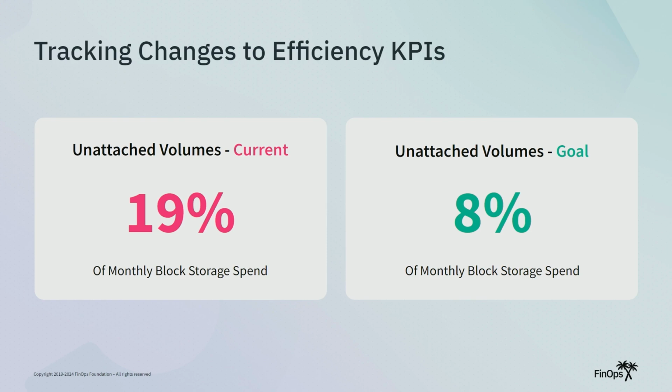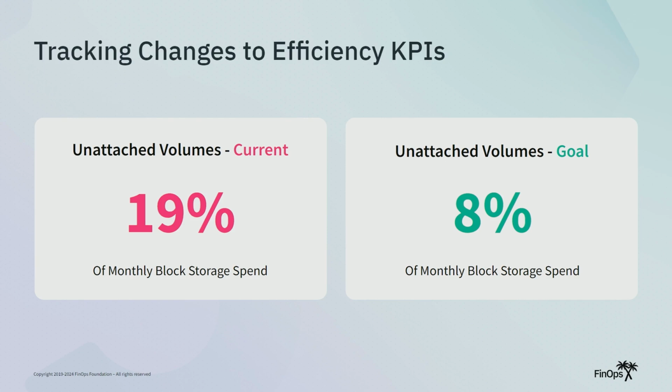And turn that then into our goal is to reduce that to 8%. And you may say, James, why not 0%? We'll talk about that in a minute. But then we've got a clear goal that we can march towards, and teams, when they have that in front of them, can see what their unattached volume spend is and start focusing on that specifically.